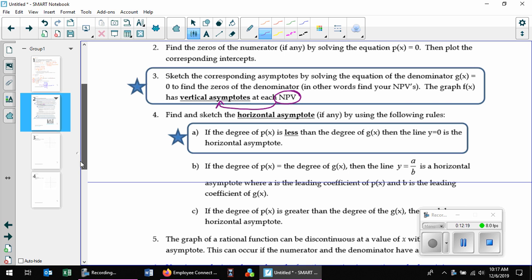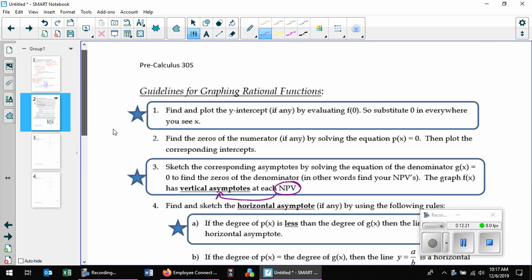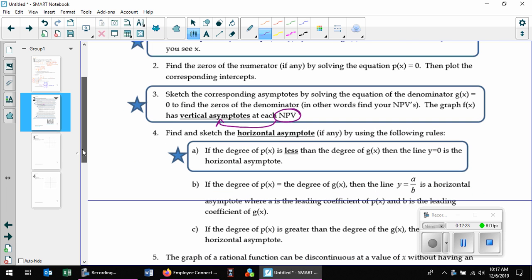Okay, so when I talk about degrees, if I have 1 over x plus 2, the degree of the numerator, it has no variable, but I could put a variable in and put the variable to the exponent 0. Right? X to the exponent 0 is what? 1.